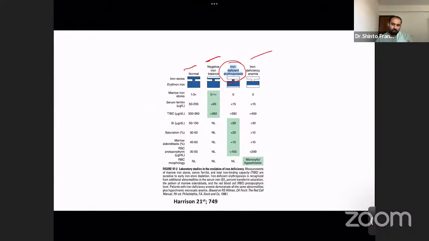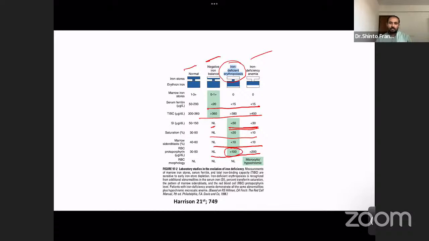As we all know, all these have ferritin less than 15, and TIBC will be elevated in all. In negative iron balance, serum iron is normal but ferritin is less. In the other two conditions, iron is less, saturation again less, and marrow sideroblasts again less. RBC protoporphyrin here is more than 100.